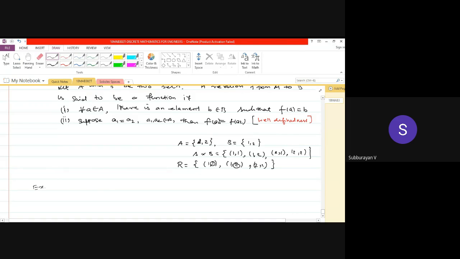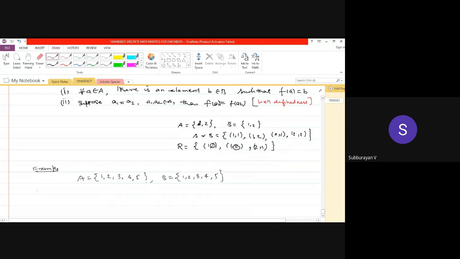Let me give some examples of a function. I set capital A equal to {1, 2, 3, 4, 5}, and my capital B is the same set, {1, 2, 3, 4, 5}. Now I define the first function.